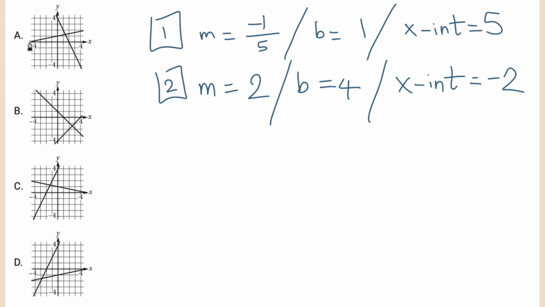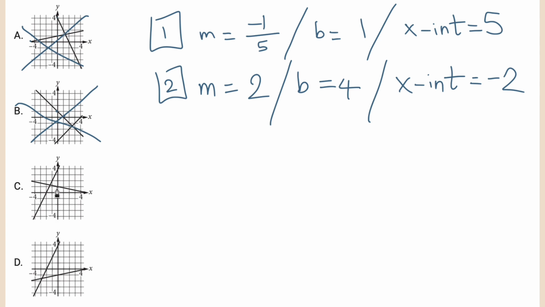However, here it's -4. So that's not correct. Wrong. Option B, as usual, okay, b is 1. The x-intercept should be 5. That's not correct. The x-intercept is 1 here, so not correct. Okay, let's see the third option now.